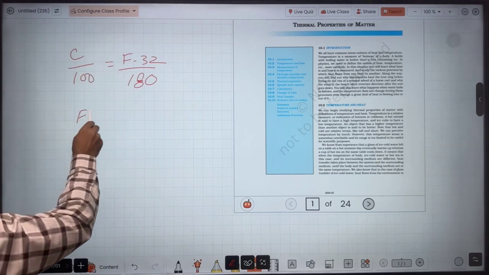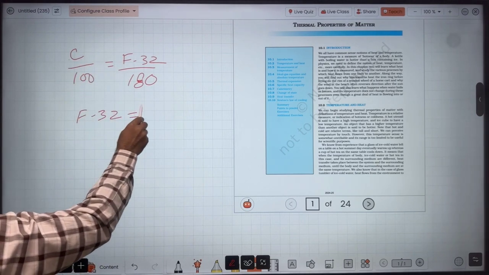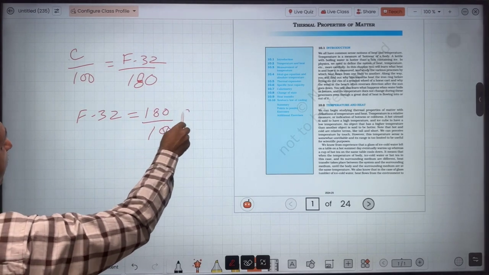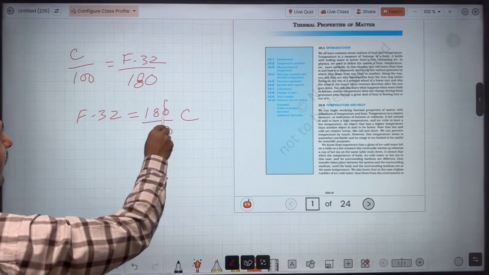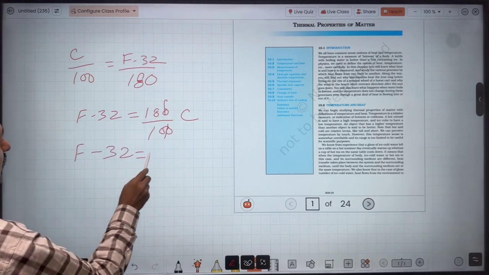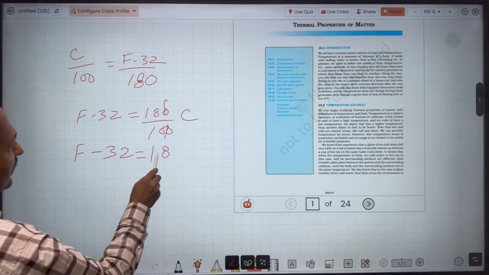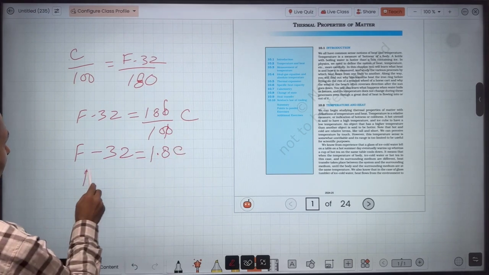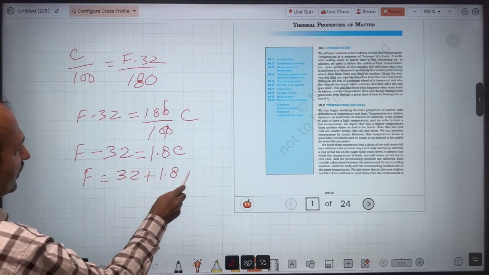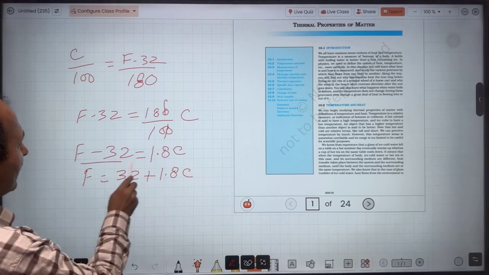So F minus 32 equal to 180 divided by 100 C. This will be 1.8. So F minus 32 is 1.8 times C, or F equal to 32 plus 1.8 times C. So this is the basic relation.